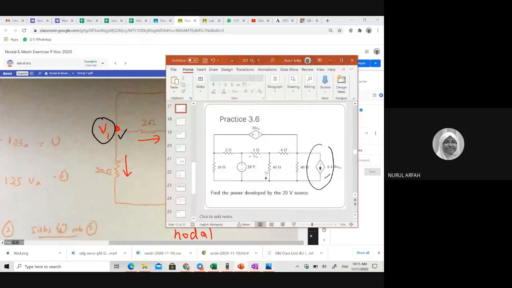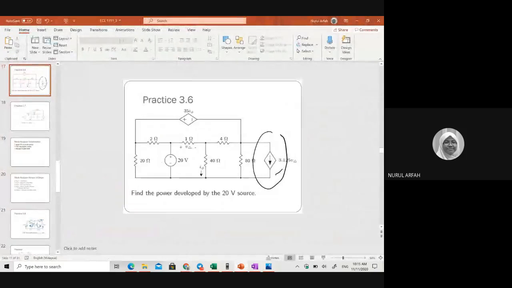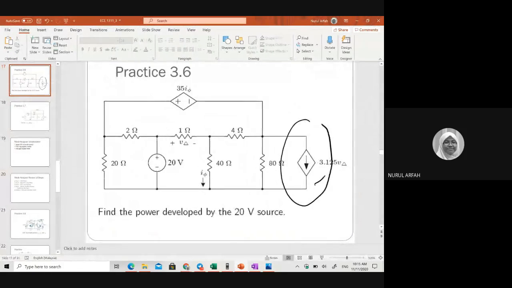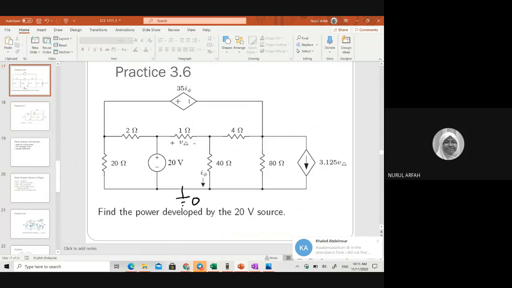You go back to your circuit here. Do you have a super node? If the reference point is here. This is a ground, and you know this is 20, this is V1, V2, and over here this is all V3.